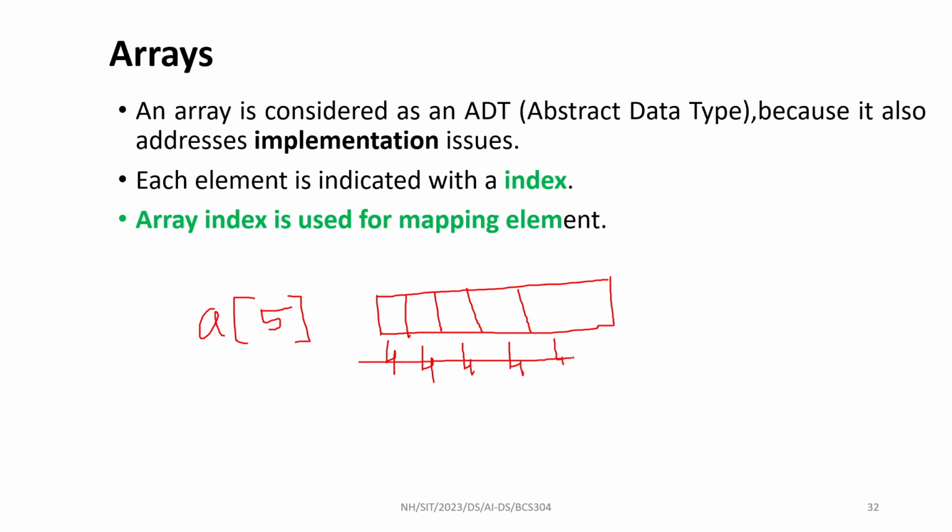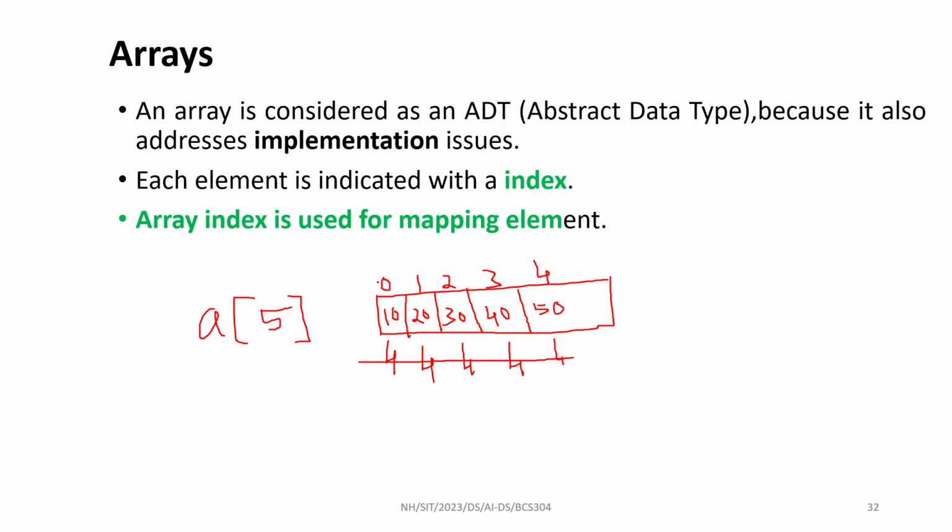I will indicate the first element with the index value. This is called the index. That number is used to refer to the element. The index of the second element is 1, this is 2, this is 3, and this is 4. The elements are 10, 20, 30, and 40. The last element is 50.